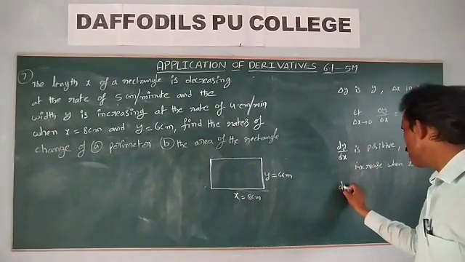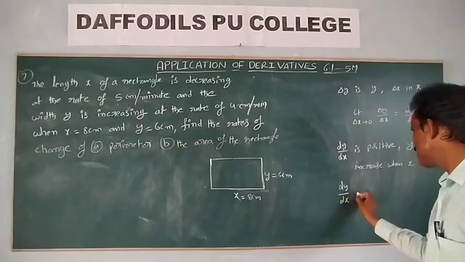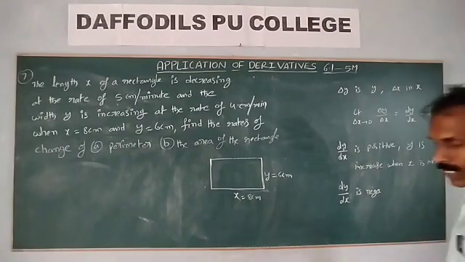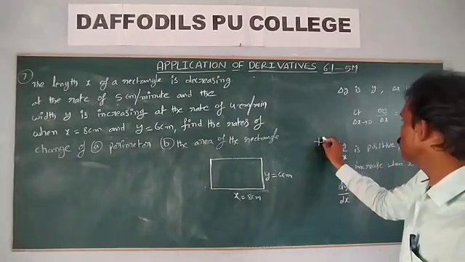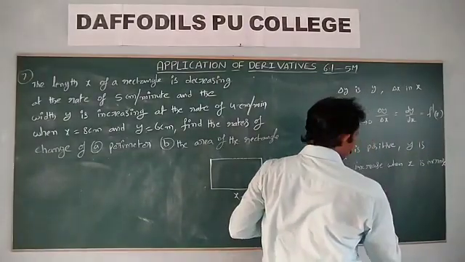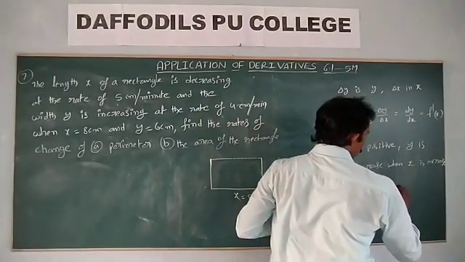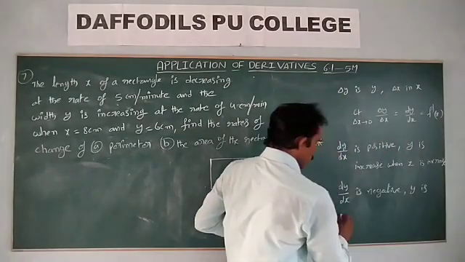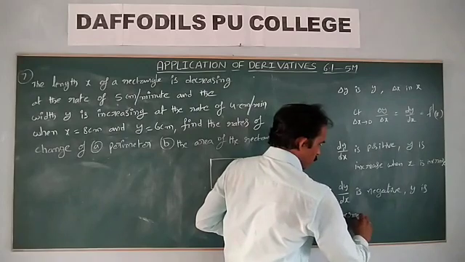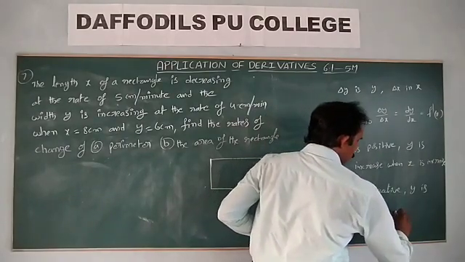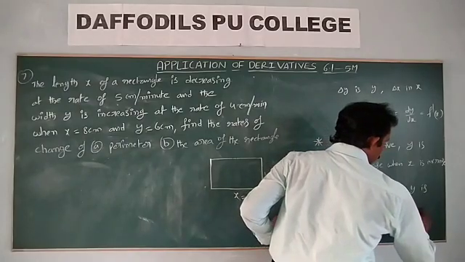Next, dy by dx is negative. Important point: when dy by dx is negative, y decreases as x increases.